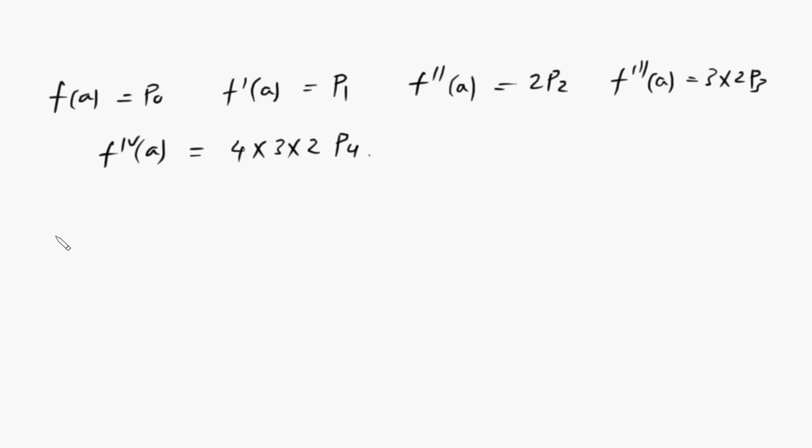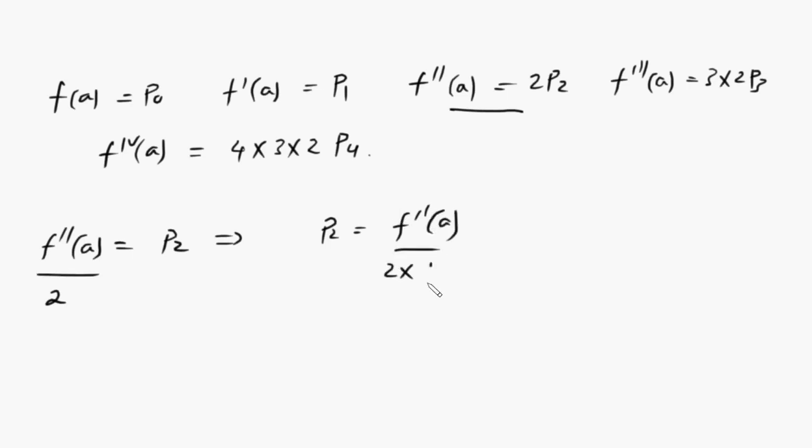Okay, from huyu mwamba huyu hapa, you can see that p2 now is just equal to this times 2 over 2, I mean. Okay, so over 2. So hii ni sasa na mtu aseme tu p2 is equal to this second derivative of fa over 2 times 1.